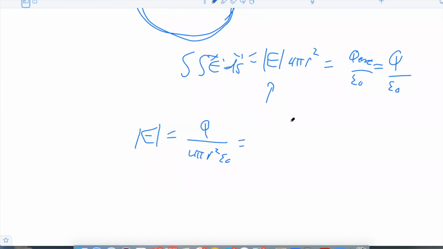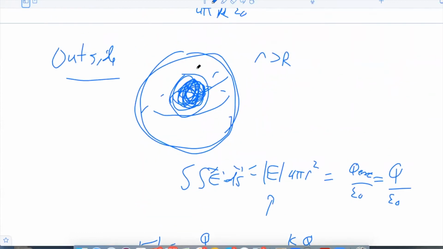Remember, we wrote Coulomb's law like this, but K is just 1 over 4 pi epsilon naught. K is just a shorthand for this stuff right here. So Coulomb's law literally is derived from Gauss's law. And this says if you're far away from a charge distribution, you can pretend it's just a point charge. A spherically symmetric charge distribution, you just pretend it's a point charge that's centered at the origin.